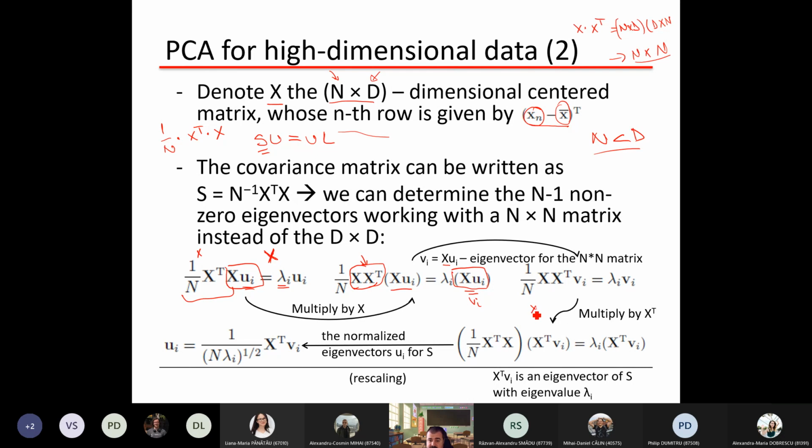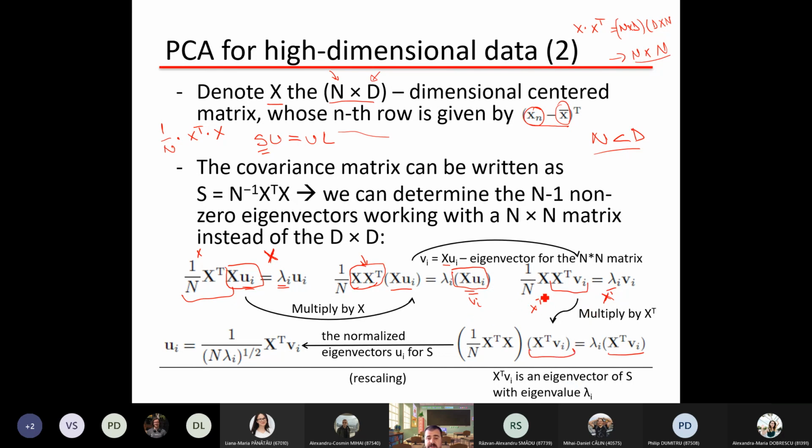So we put an X transposed here and an X transposed here. And what's happening now? Again, since lambda i is constant, it will go in front. And here we will have X transposed multiplied with Vi. Therefore we will keep this separate here.